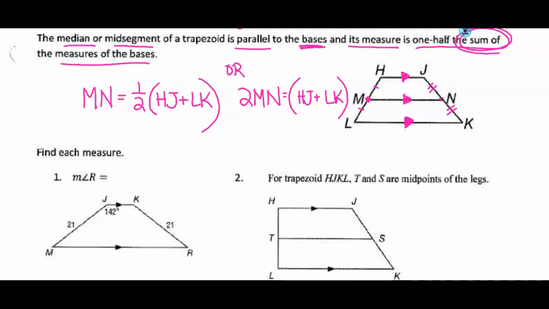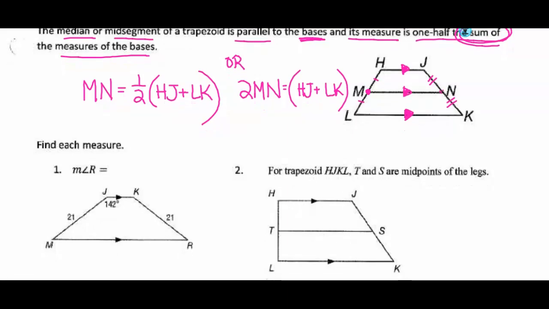So there's a few questions down here. Number 1, when you look at this, you see these are parallel. We see that this is an isosceles trapezoid. If this angle is 142 here, we just learned that the base angles are congruent, so that's 142. To find the measure of angle R, you have to remember that you have parallel lines.